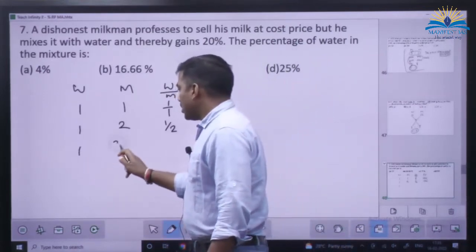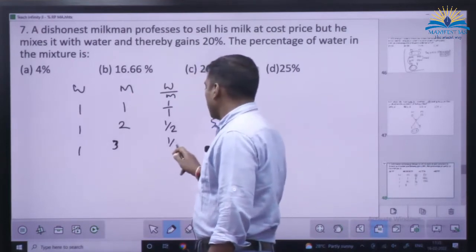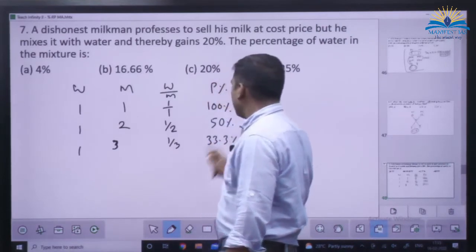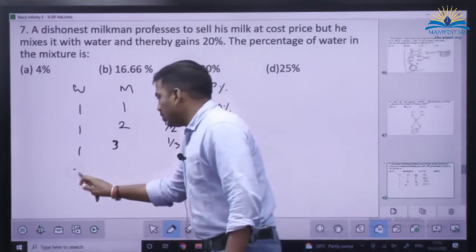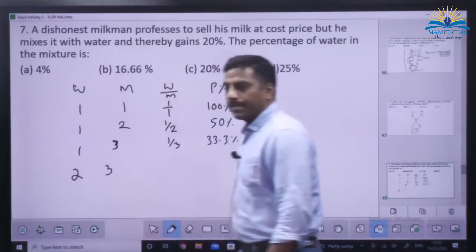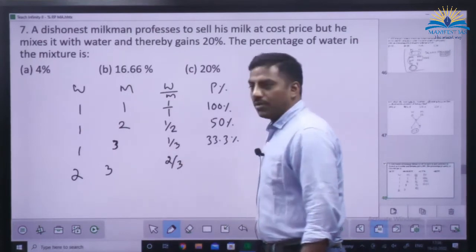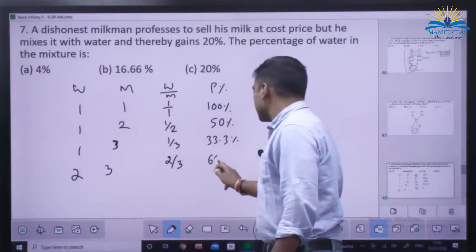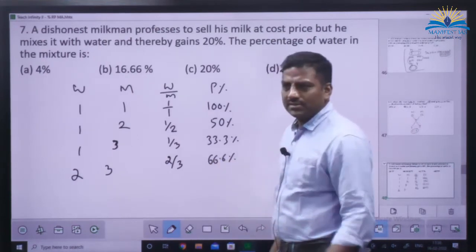Now 1 by 3. That is nothing but 33 point something. Take any percentage for that matter. Let's say 2:3. This is 2/3. Profit percentage is anything.